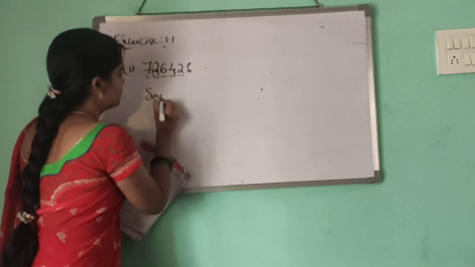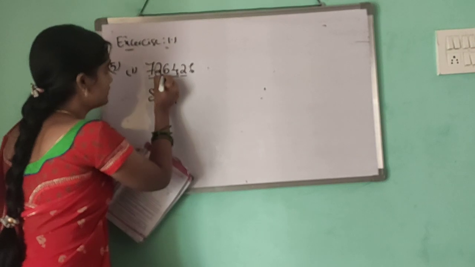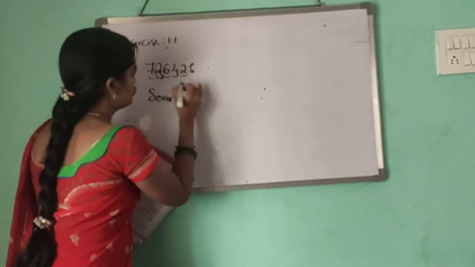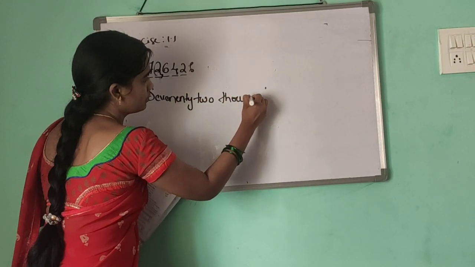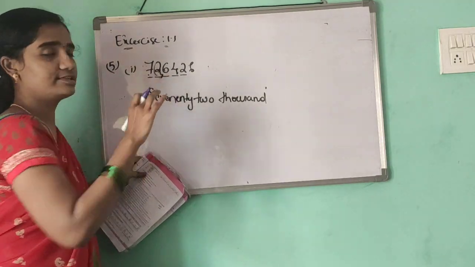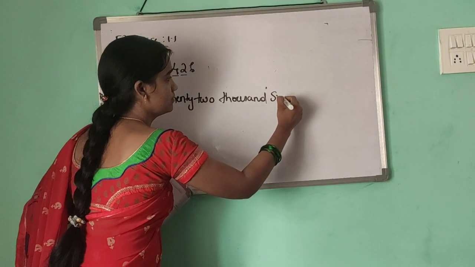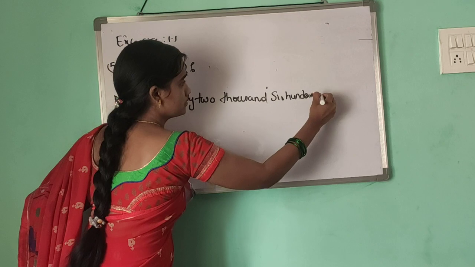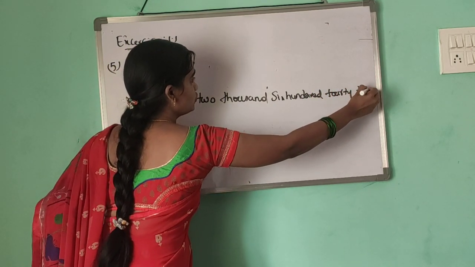So 7, 70, that means 72,000. How much is this 6 place? 100 place. So 600, 642.